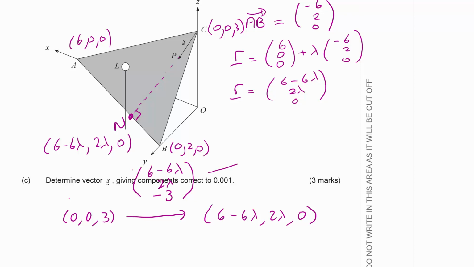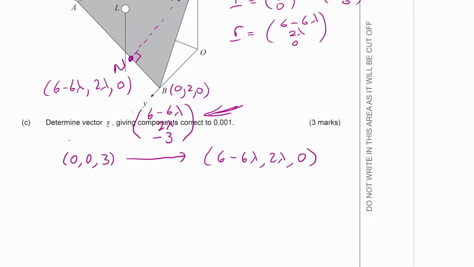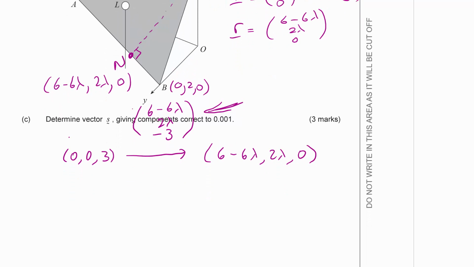Now what we need is for that vector there to be perpendicular to AB. So we have (6 minus 6 lambda, 2 lambda, -3) dotted with (-6, 2, 0) to be equal to 0.